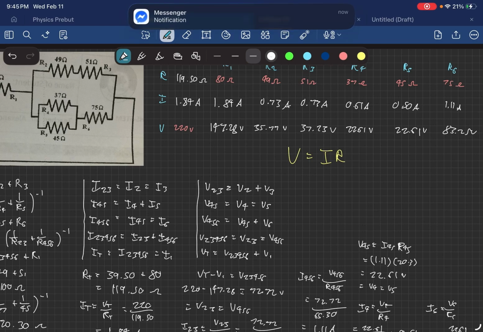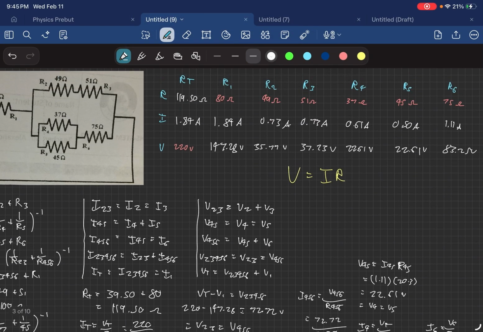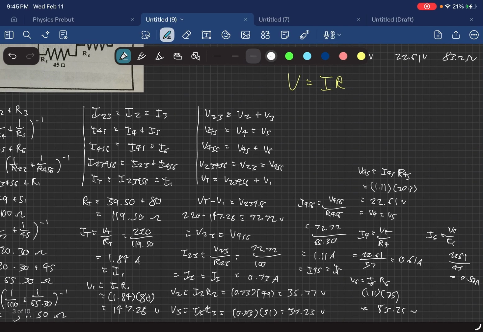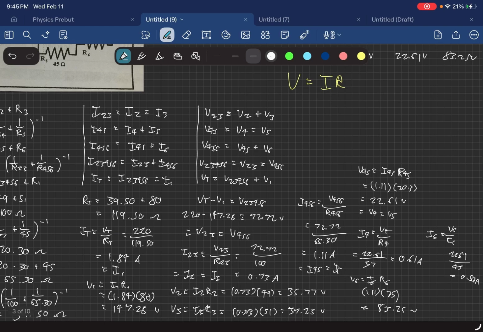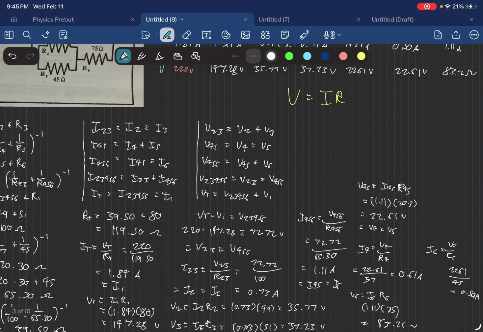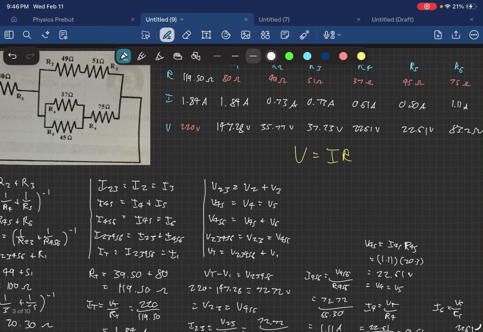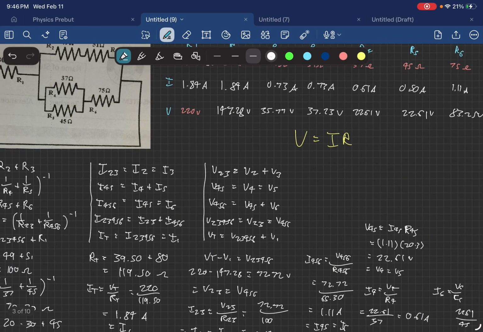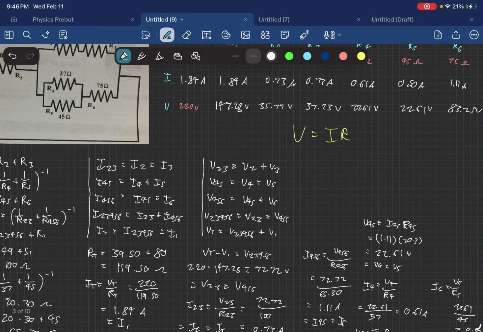VT is equal to V23456 plus V1. What is our V1? 147.28, and our V23456 is 72.72, and obviously it matches, because that's how we solved it.